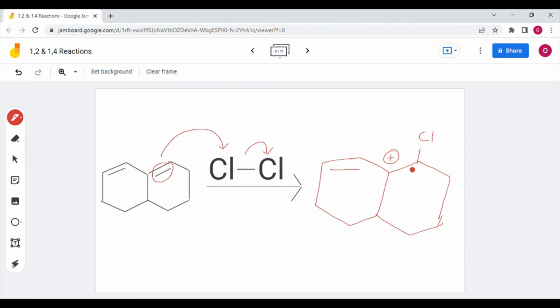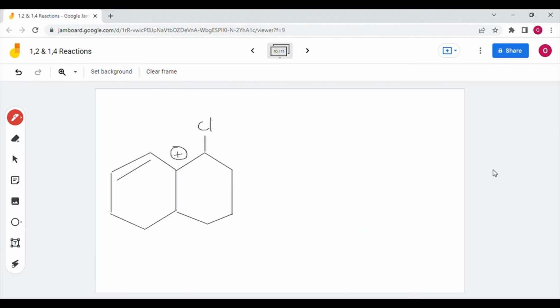So as we can see, the double bond attacked the chlorine, thus adding it to this carbon, and the carbocation forms on the adjacent carbon. So we know that the next step is for some kind of resonance structure to form. So if this electron were to move down here, we would get a resonance structure that looks like this.